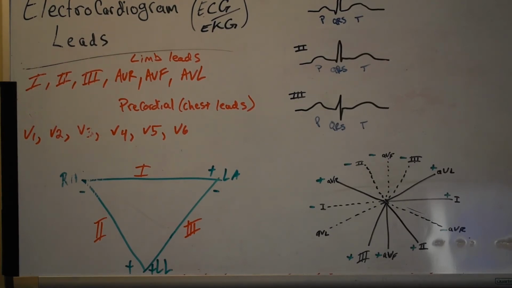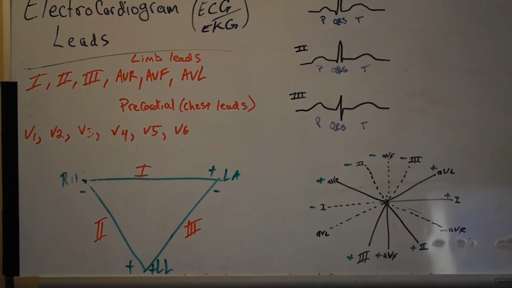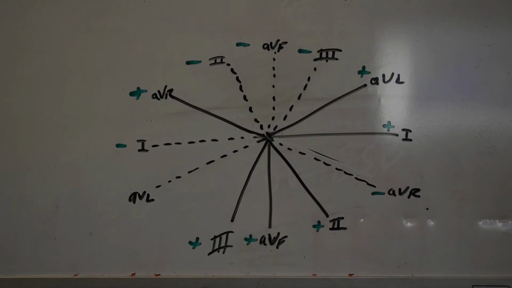And this diagram over here is really where we're going to understand the most about the leads, and I'm going to just zoom in on it right now. Okay, so this is the hexaxial diagram that you're looking at.